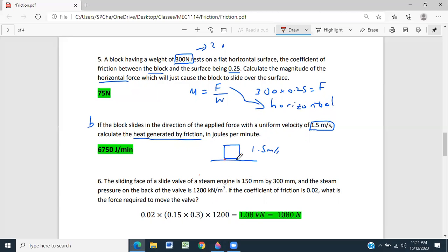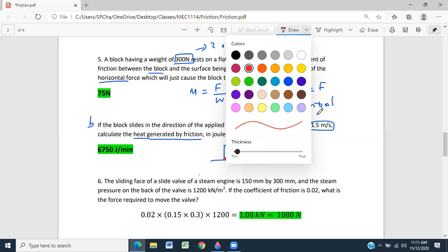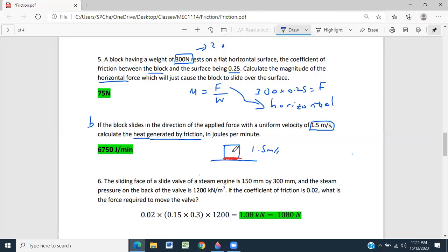Some heat is coming off here. As we do work in this direction, friction is essentially doing negative work, trying to slow this thing down.